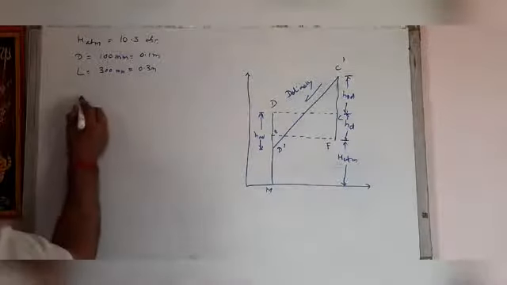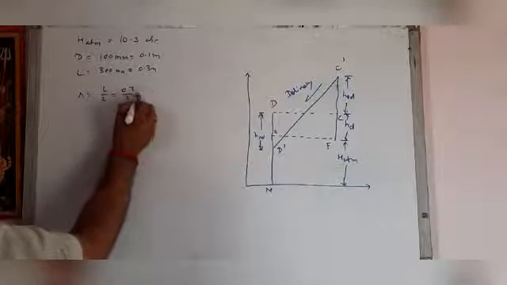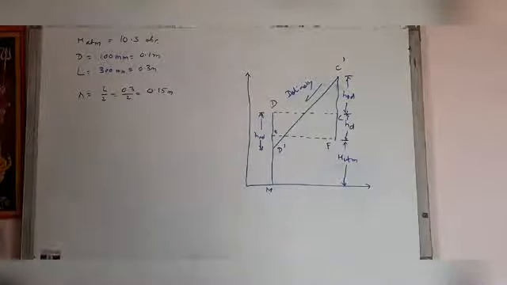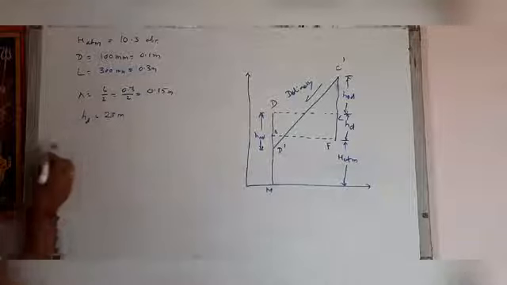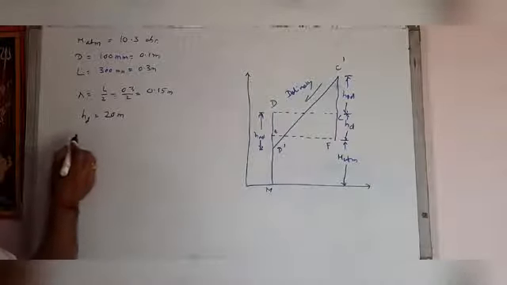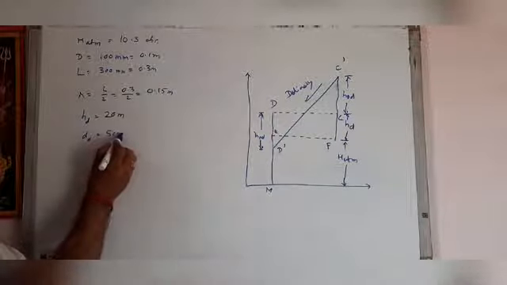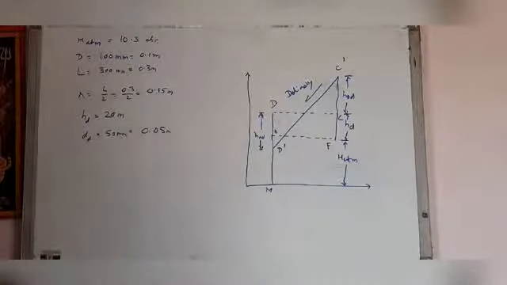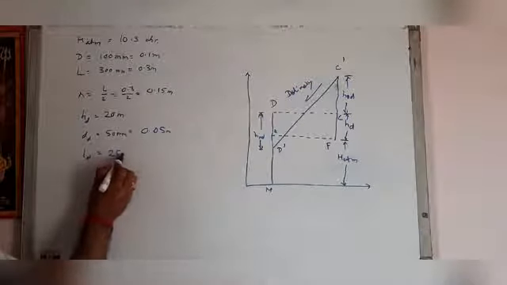Crank radius is equal to L by 2, equal to 0.3 by 2, equal to 0.15 meter. Delivery head is given as 20 meter and diameter of delivery pipe is given as 50 mm, equal to 0.05 meter. Length of delivery pipe is given as 25 meter.